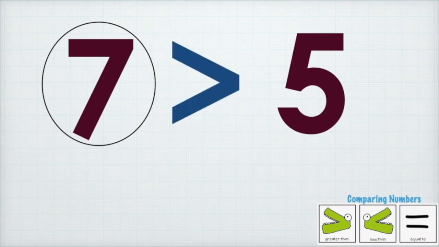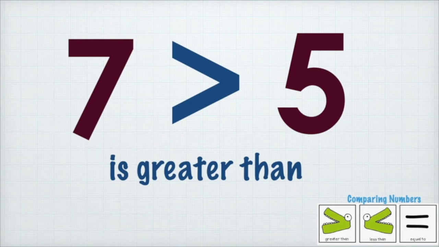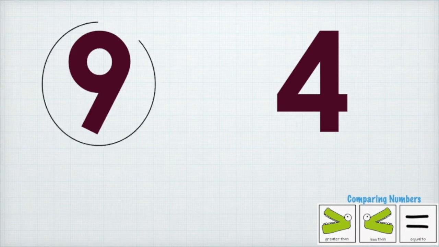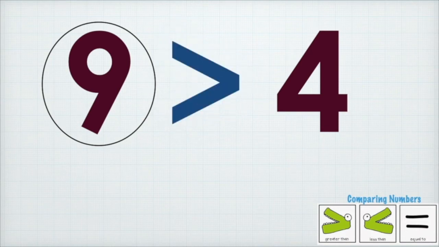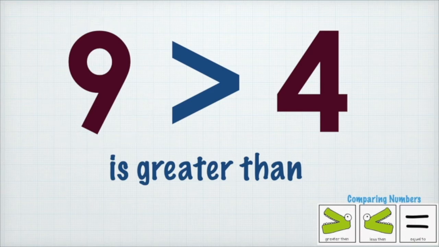So we can say 7 is greater than 5. Again, 7 is greater than 5. 9 and 4. 9 is bigger than 4. So we can say 9 is greater than 4.